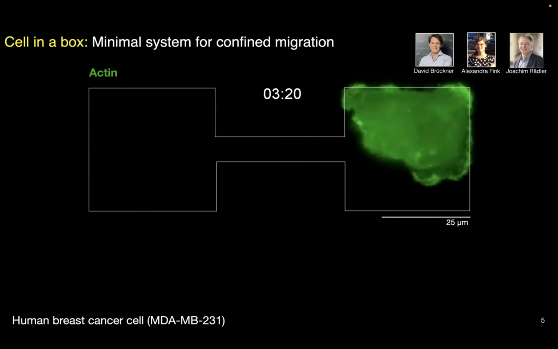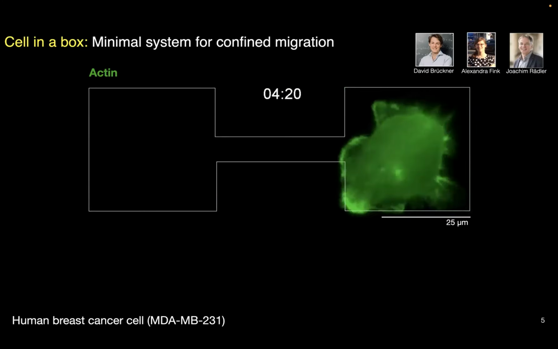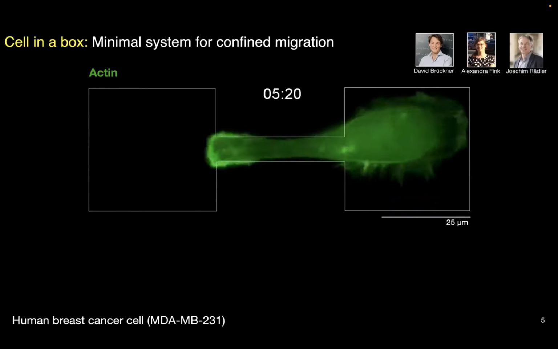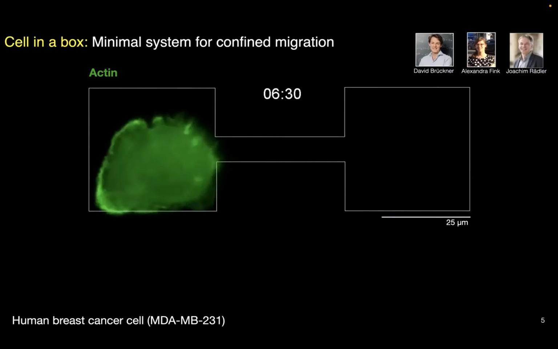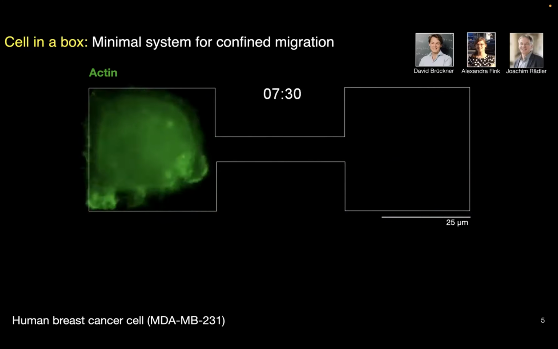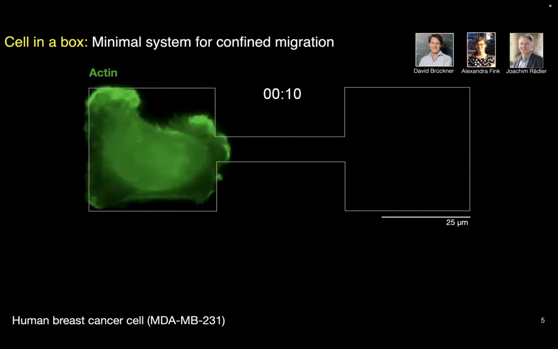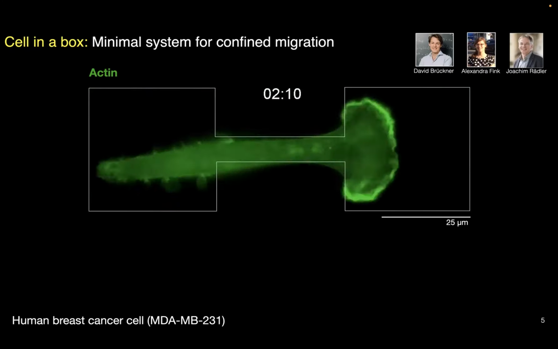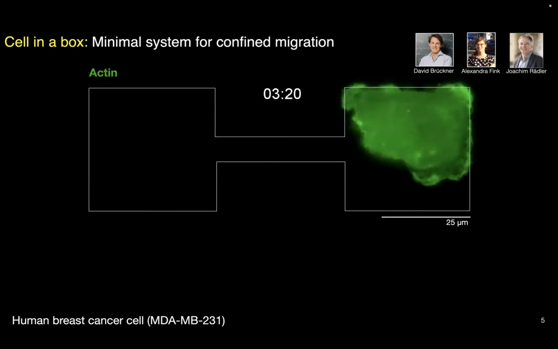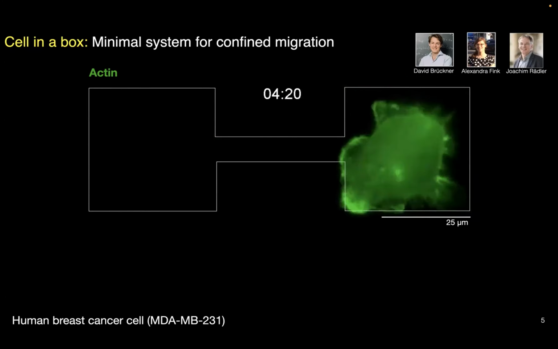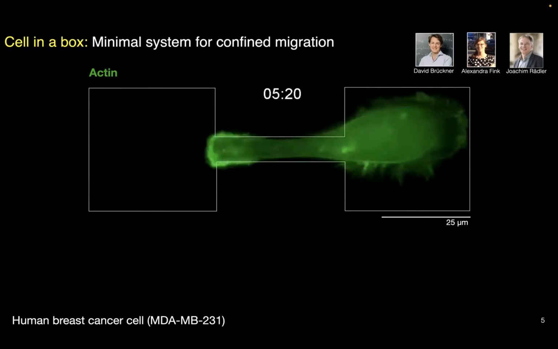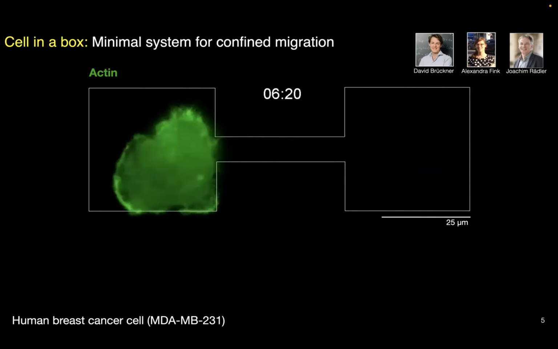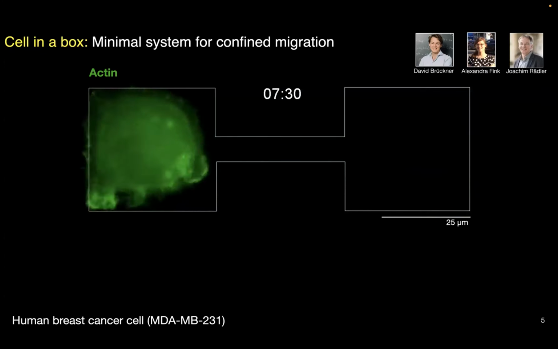But everywhere outside the white regions is like the forbidden region for these cells: the substrate is coated with PEG, and the cells cannot adhere. All right? So you can see that the cells are effectively confined, but they're very dynamic. They constantly form protrusions, they change their shape, and you can see that the cells can quite effectively migrate across this constriction and solve this migration challenge that we designed for it here.